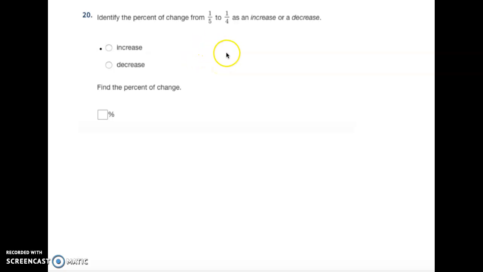So let's identify the percent change as an increase or decrease. So 1/5, maybe it's easier to look at as a decimal, is 0.2, whereas 1/4 is 0.25. All right, so we're going from 0.2 to 0.25, so this is an increase.